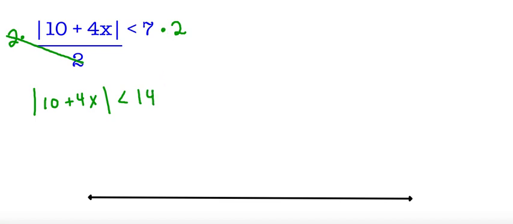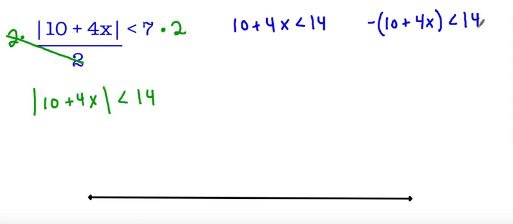So with that, we have 10 plus 4x is less than 14, and the negative times 10 plus 4x is less than 14. So what we're going to do first is isolate our variables.